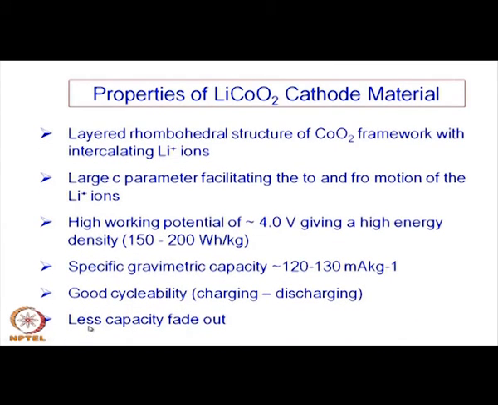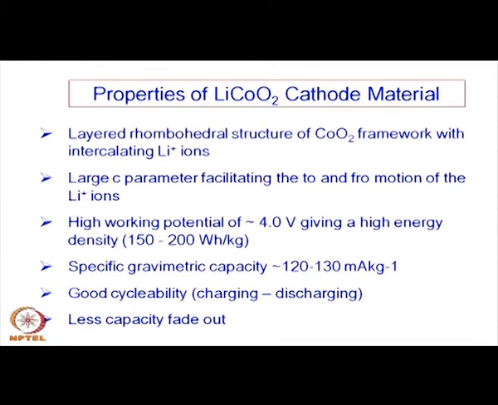Well, some typical properties of lithium cobaltite as the framework with intercalating lithium ions: as I mentioned, it is a layered rhombohedral structure of CoO2 framework with intercalation of lithium ions, that is the basic feature of the lithium cobalt cathode.